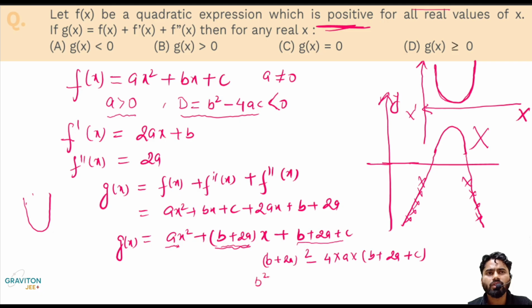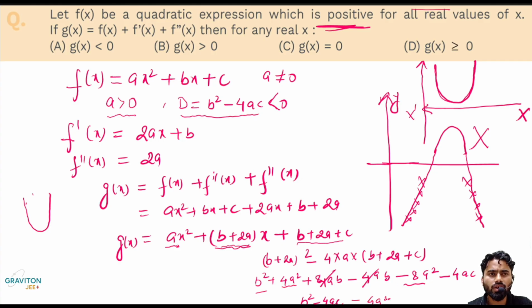So this will become b square plus 4a square plus 4ab, and this will become minus 4ab minus 8a square and minus 4ac. So from here these two get cancelled out and this will become b square minus 4ac minus 4a square.